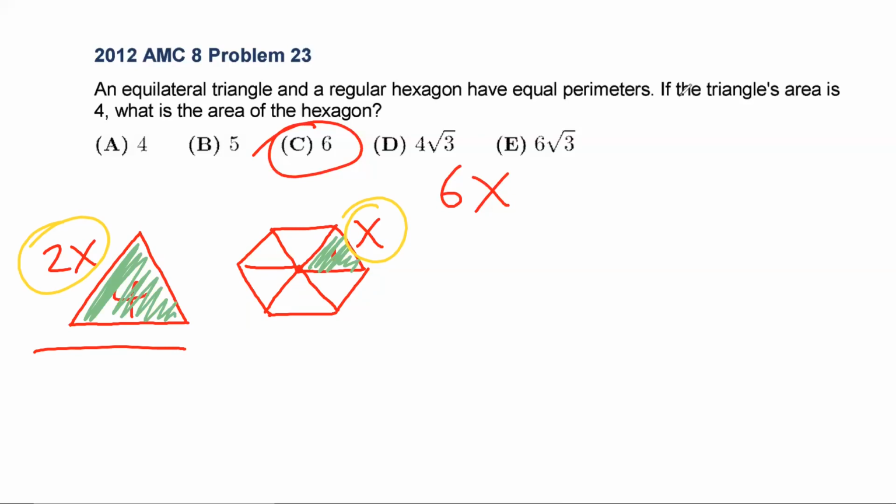And since the bigger triangle has an area of 4, that means the smaller triangle has an area of 1. So since there are 6 of these smaller triangles, the total area is 6. Okay, cool. So we are moving on.